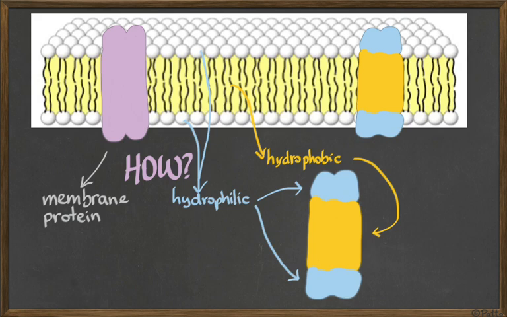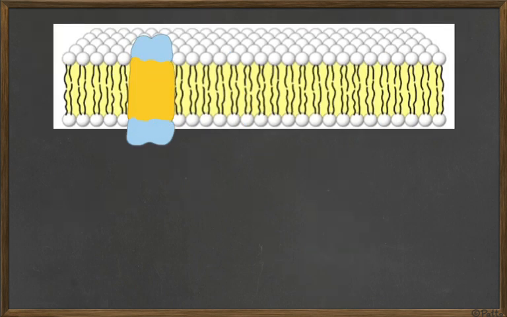So this protein can be in the phospholipid layer happily and working, because the hydrophobic part stays inside, in contact with the hydrophobic tails, and the hydrophilic part stays outside, pointing to the water.